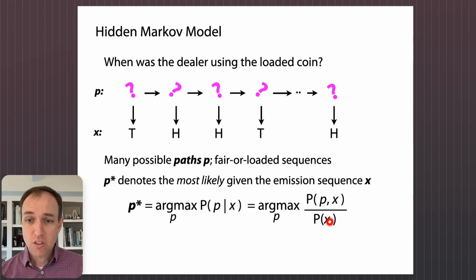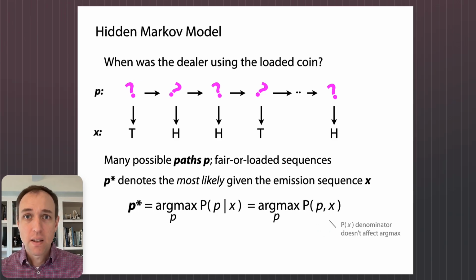So this is just some probability. That probability does not vary with choice of P, right? So the denominator would just always be the same. And since we're computing an argmax here, right, we're trying to figure out which is the P that maximizes this. Well, we don't need the denominator, right? If we simply omit the denominator, that's going to give the exact same answer as if we had included it.